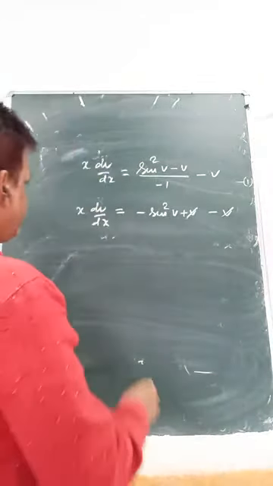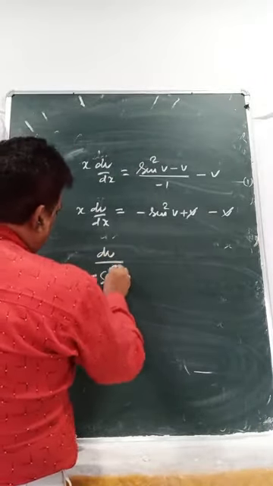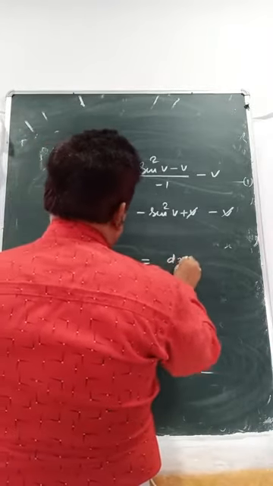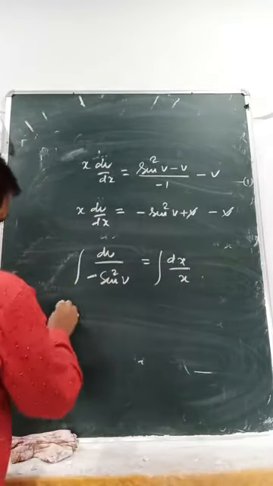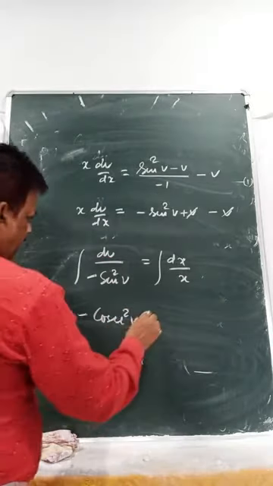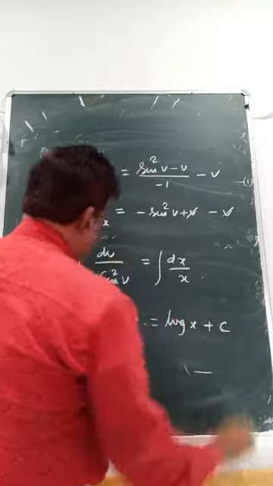So what did you get? dv by minus sin square v equals dx by x. So minus cosec square v equals log x plus any constant c.